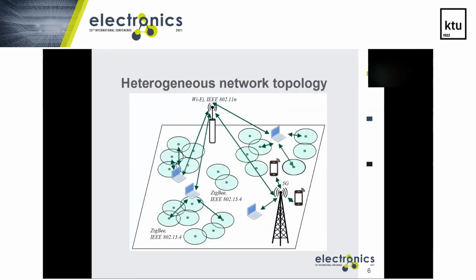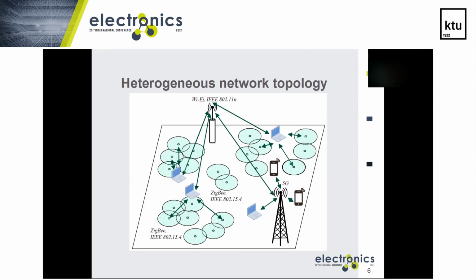In this slide, we can see a heterogeneous network. It consists of fragments of different topologies and different types of devices like workstations, sensors, and servers. In different parts of the network, different environments and data transfer protocols were used, such as Zigbee, Wi-Fi, or 5G.